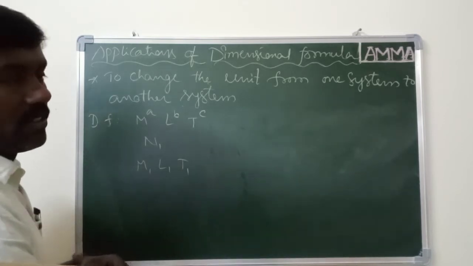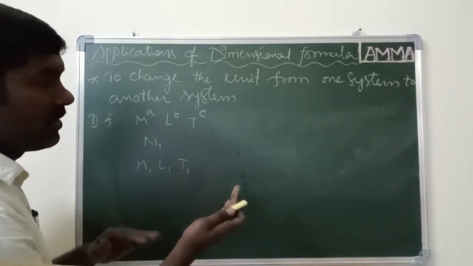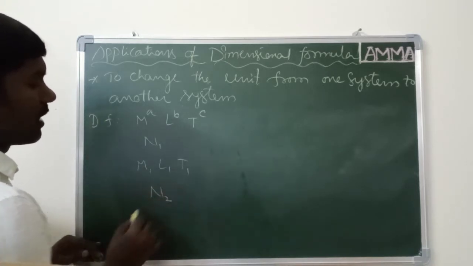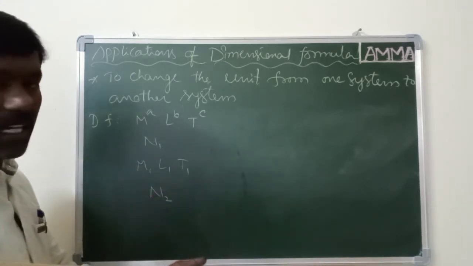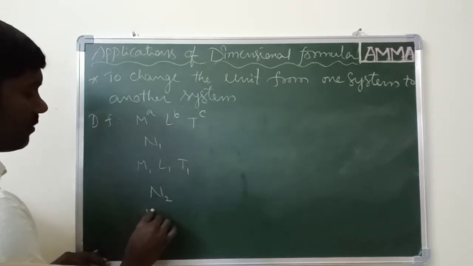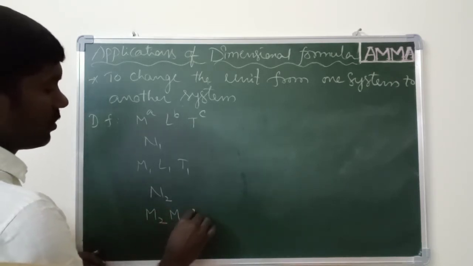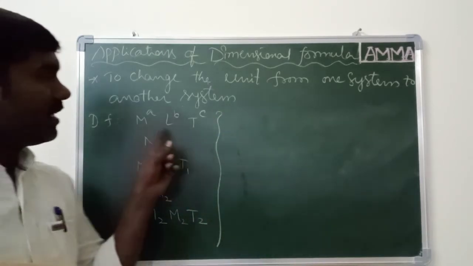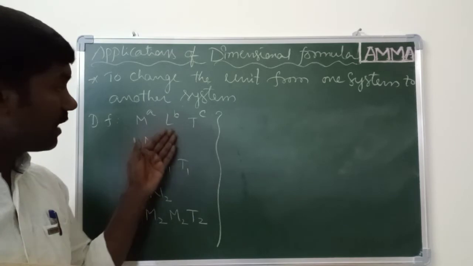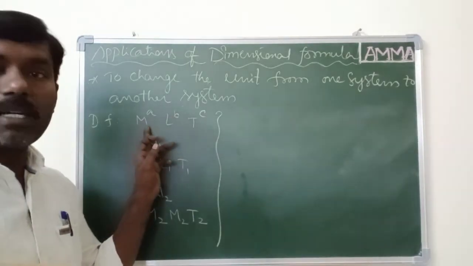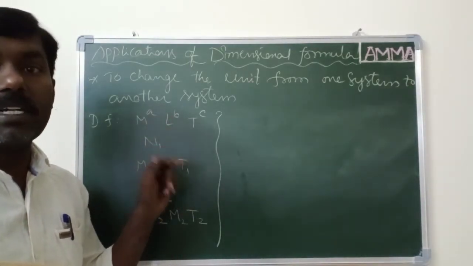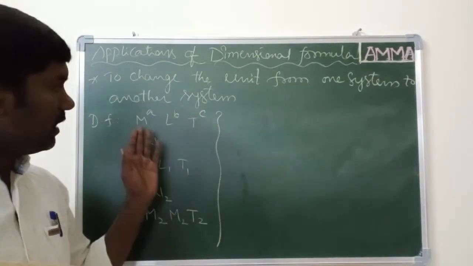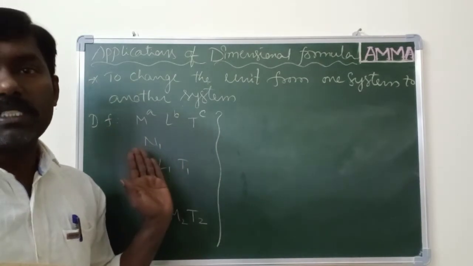After we change this given value into another system, let the numerical value be N2, and the units are M2, L2 and T2. Students, here we are considering M^a L^b T^c as the dimensional formula because I am not giving specific values of the dimensions, so it can be useful for every physical quantity. That's why it is the general form of the dimensional formula.